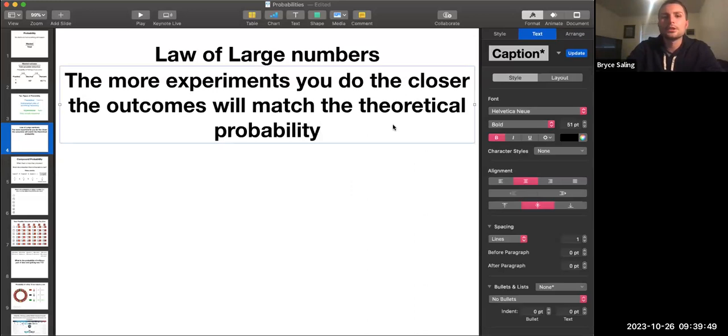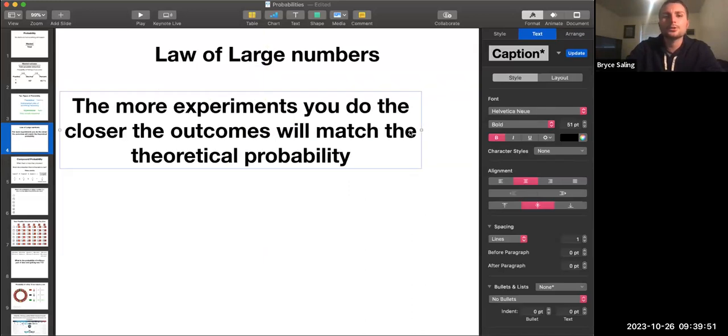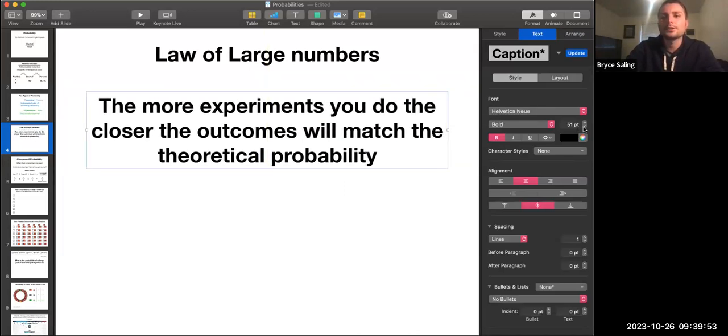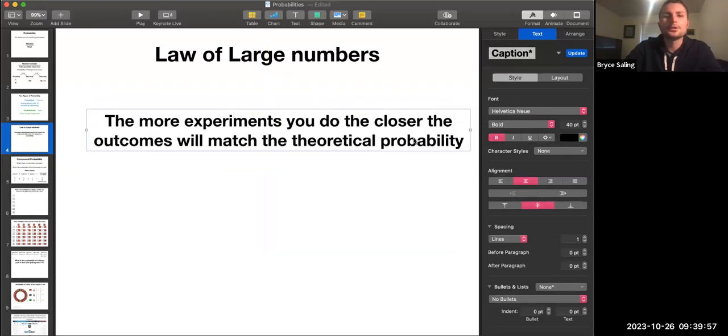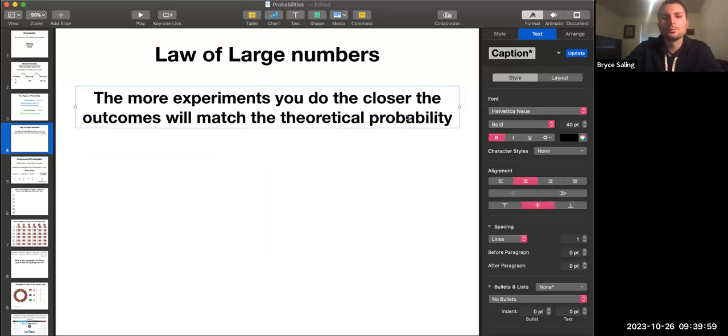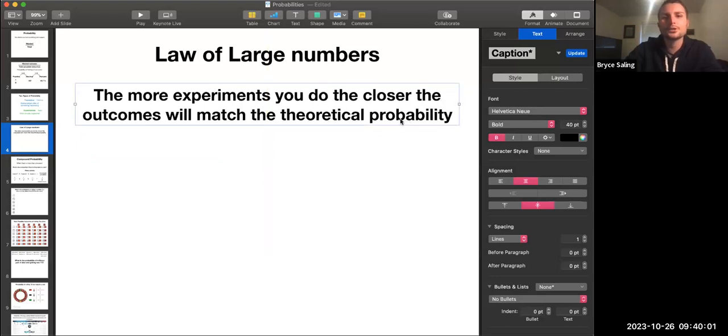I'm not good at spelling, and rely on the spell check. So this is what the law of large numbers is. We'll talk about this more in a later lesson, but it's essentially saying that the more experiments you do, the closer the outcomes match the theoretical probability.